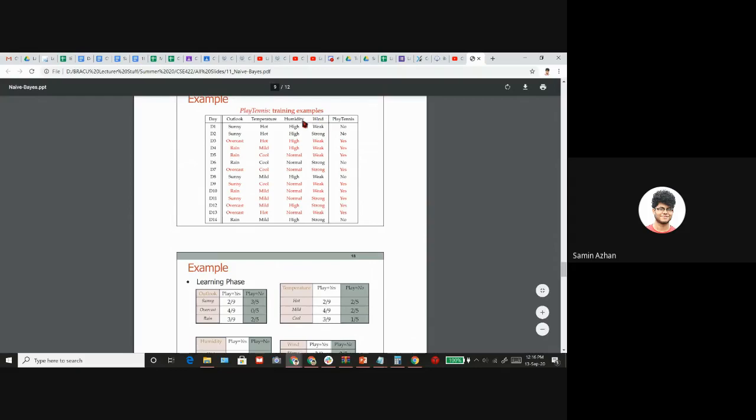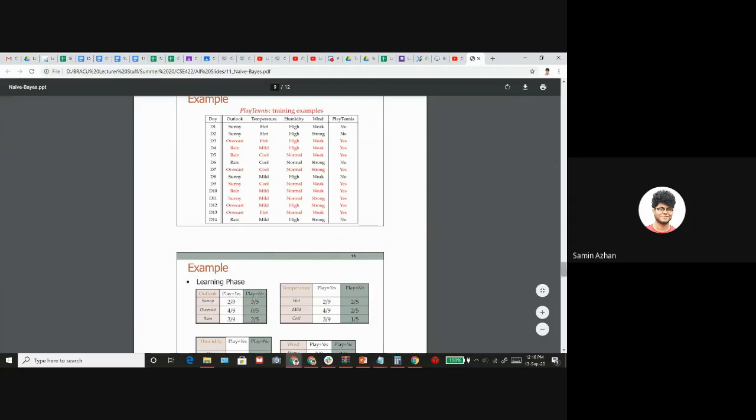There are four attributes: the outlook, temperature, humidity, and wind. And our label, or the decision we have to make, is play tennis, yes or no. If we look at outlook first, and try to calculate the probability of outlook equals sunny, given that play tennis is yes, we get 2 by 9.